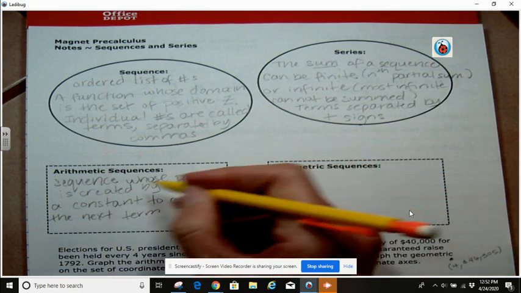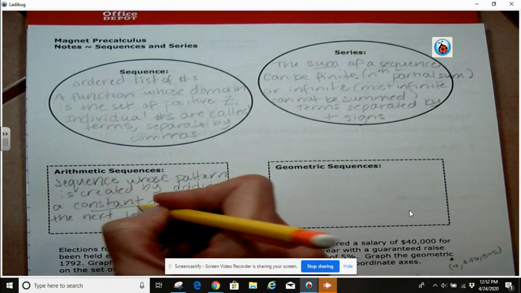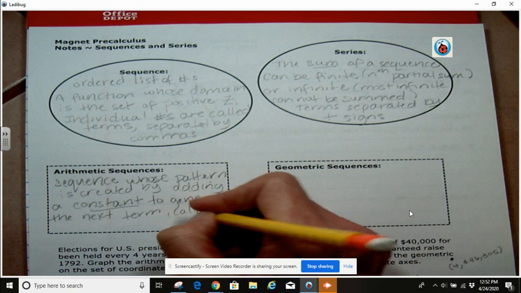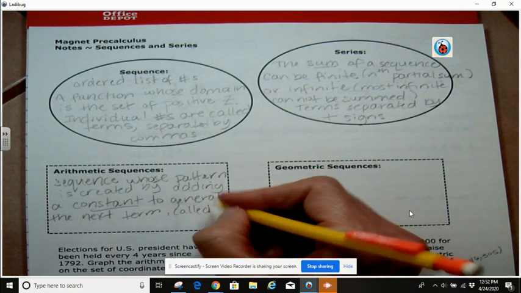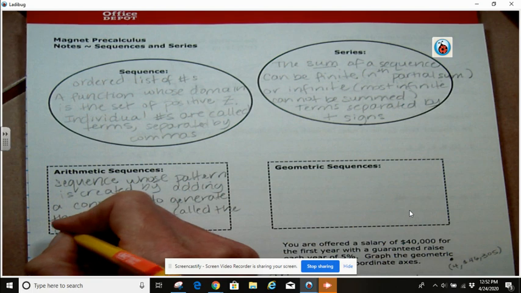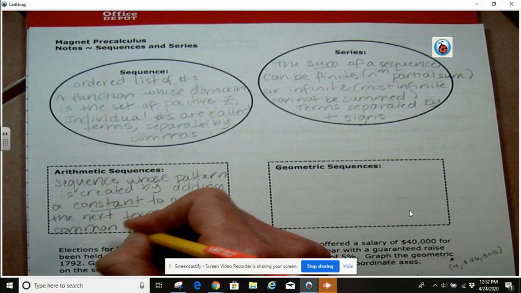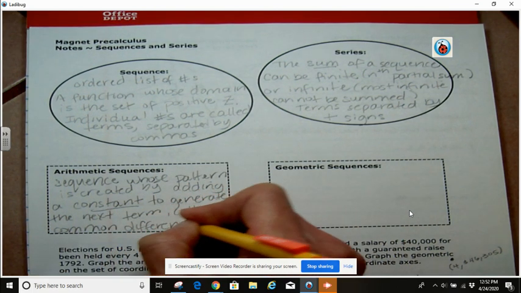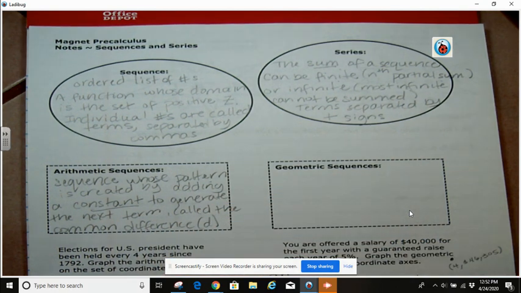And this constant is called the common difference, designated by a d.